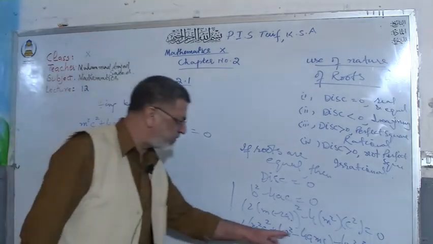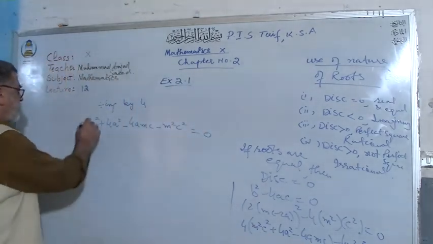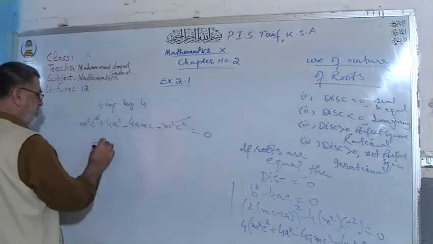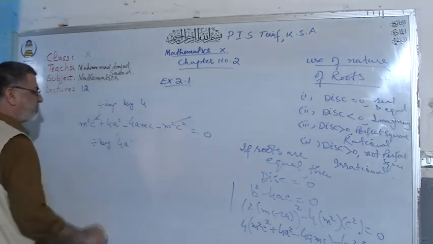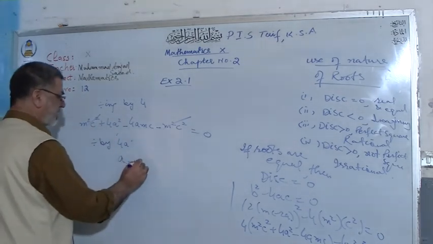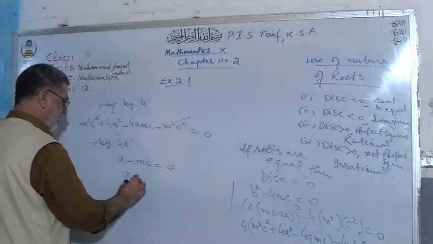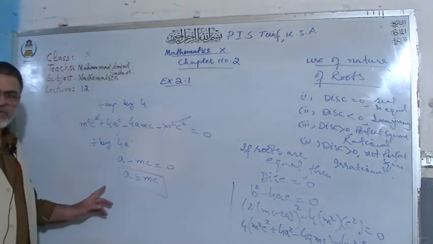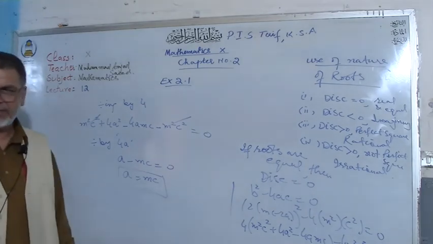This 4 and 4 cancel out. m square c square and m square c square cancel out. Dividing by 4a throughout, a minus mc is equal to 0, and a is equal to mc. This is your required condition.